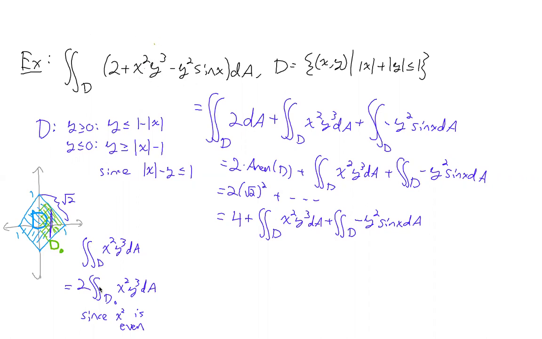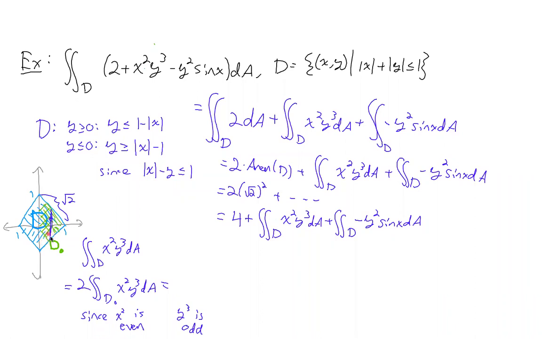What's going on here is that y cubed is odd. And since y cubed is odd, if you try to find what one piece of the function is on this side, it's the negative of what's going on over here. They're going to cancel each other out.